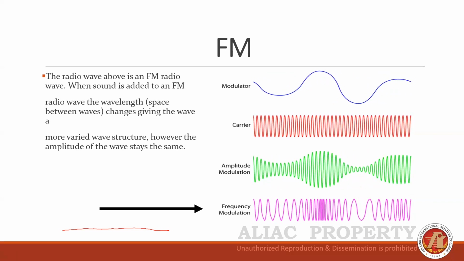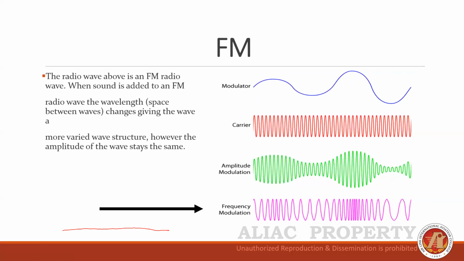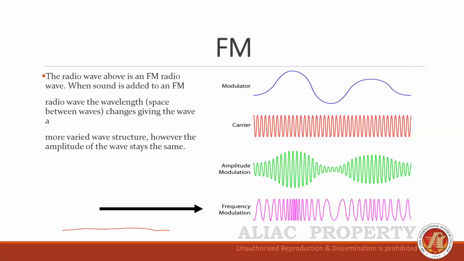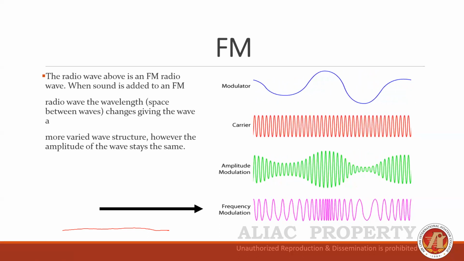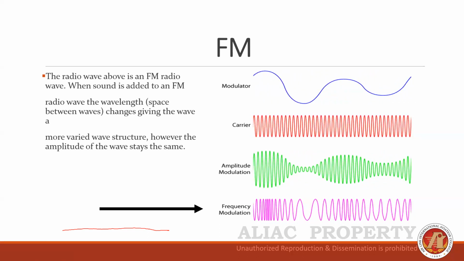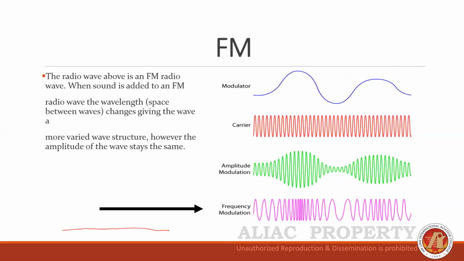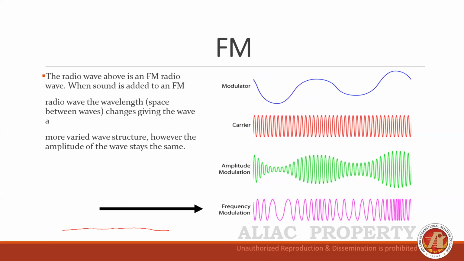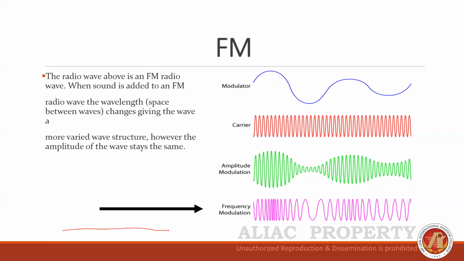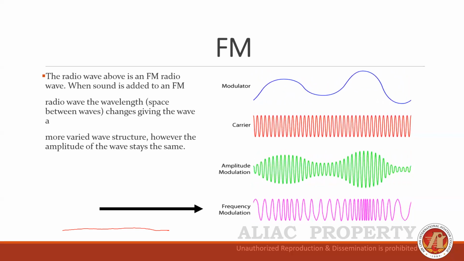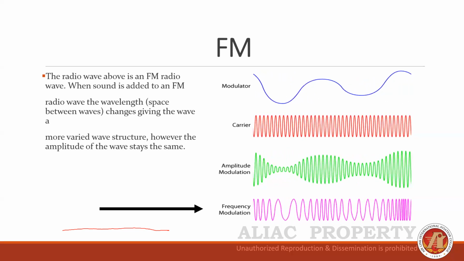FM stands for frequency modulation, and it has a better sound quality due to higher bandwidth. Okay, higher bandwidth. And also, the way the audio is encoded for FM makes it less sensitive to interference from electrical activity from storms or electrical devices than AM. Why? Let's see it here.